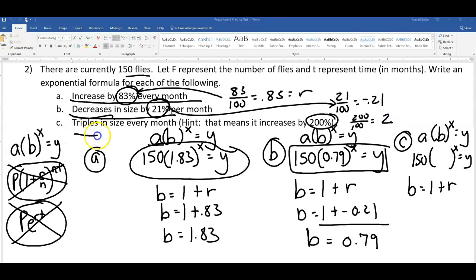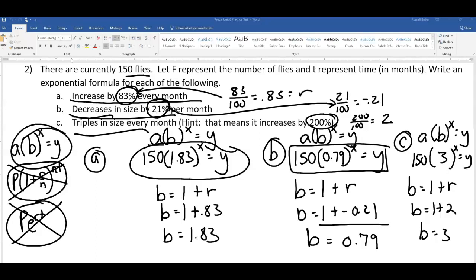And since it's increasing, you can tell from the language here, it's going to be a positive 2. So I'm plugging 2 into the formula there, which gives me 3. And that's what's going to go right there. Okay? And so that is all the answers there to part A through C for number 2, and all of them use this formula. Right?